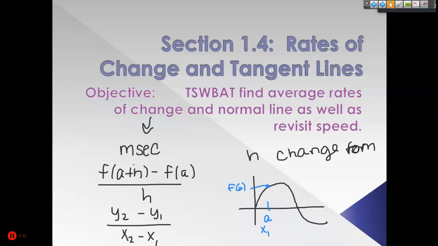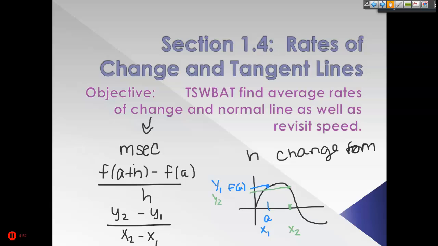If you think about that like my x1 and my y1, the next point on that graph is like your x2, y2.